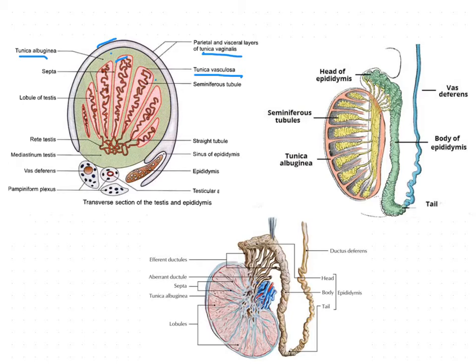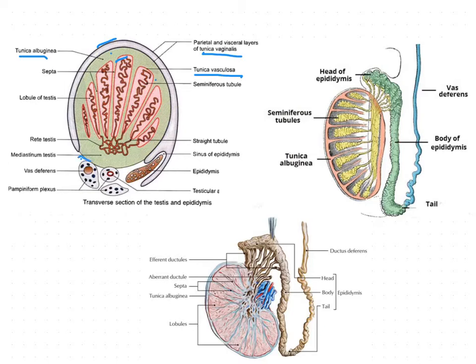The tunica vaginalis is invaginated by the testis from behind, and therefore it has a parietal and a visceral layer with a cavity between them. It covers the whole testis except for its posterior border.